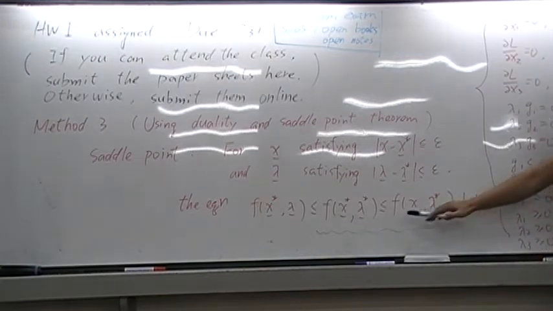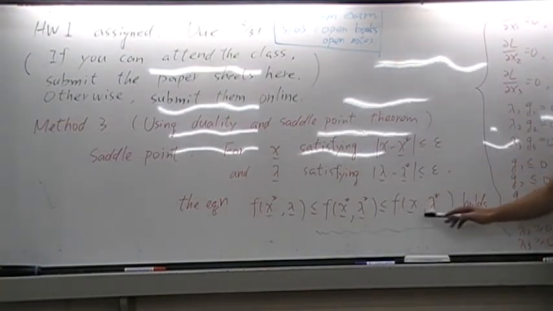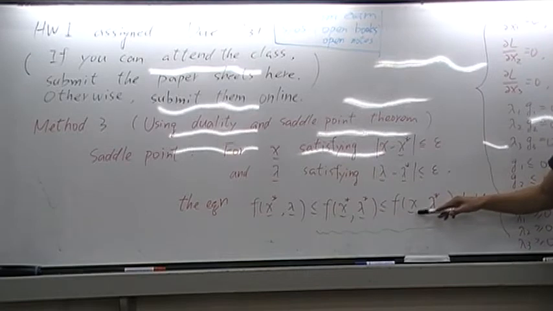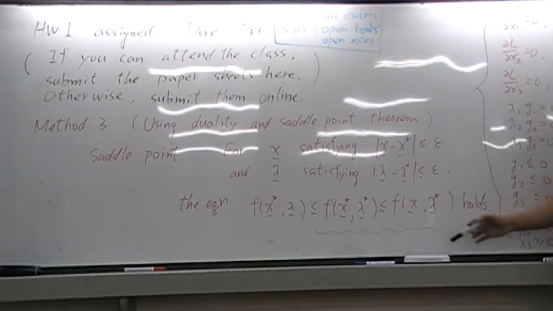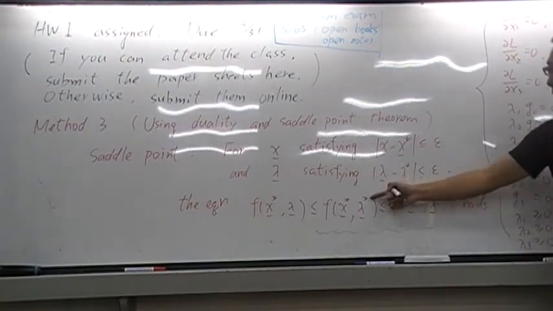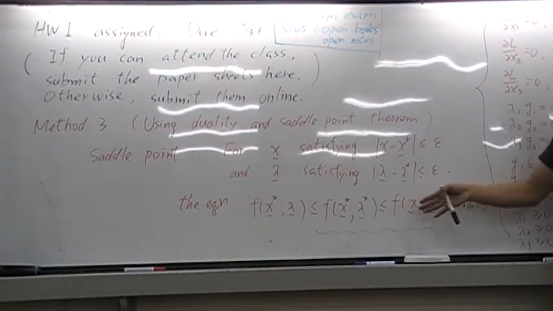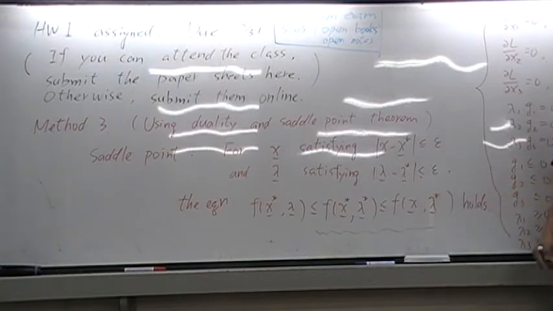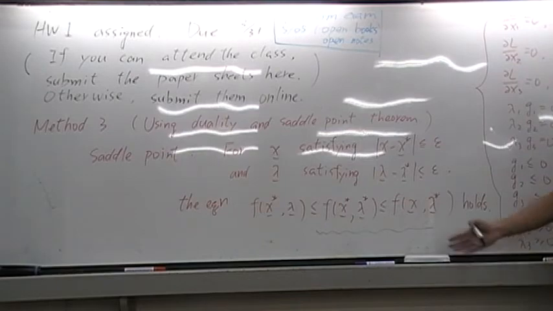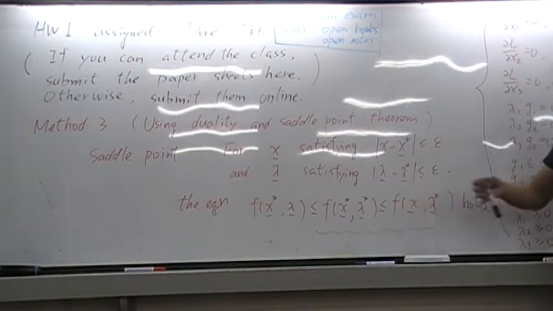Because for other x, f of x star is less than f of x. Over here we just assume that lambda doesn't change, because lambda is lambda star. So if lambda is fixed, then when we vary x, we can find that f of x star corresponds to the local minimum.